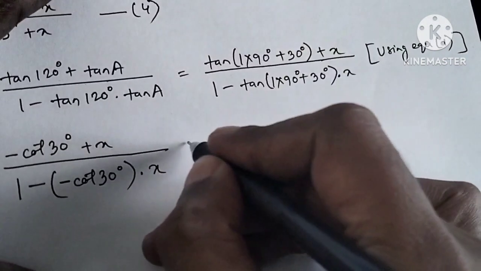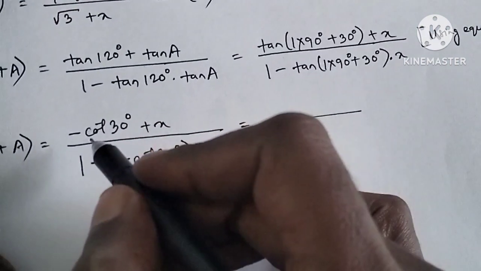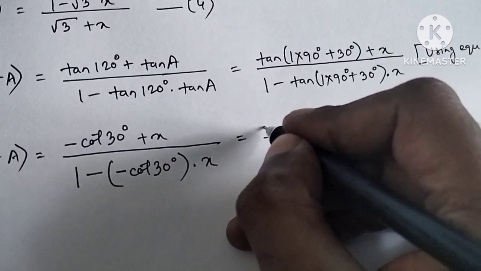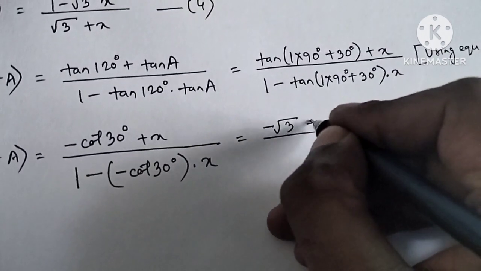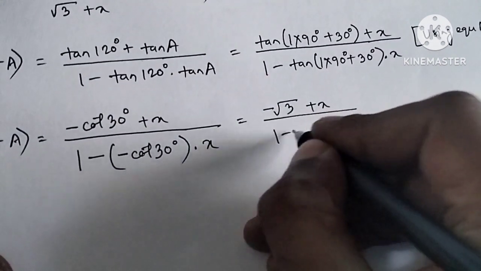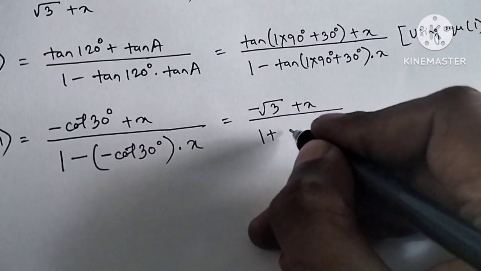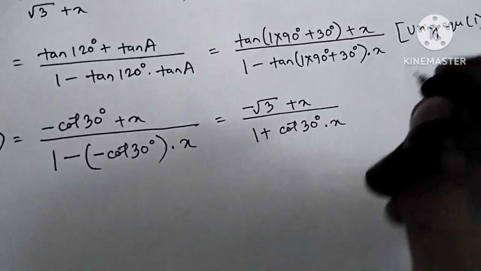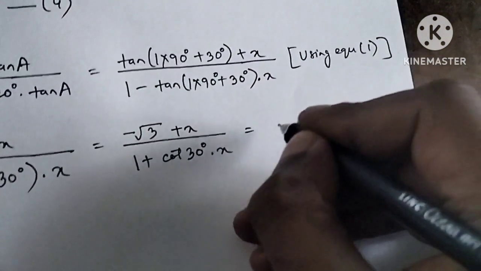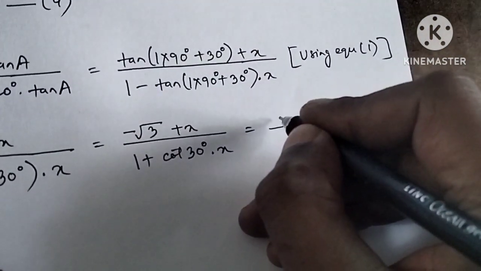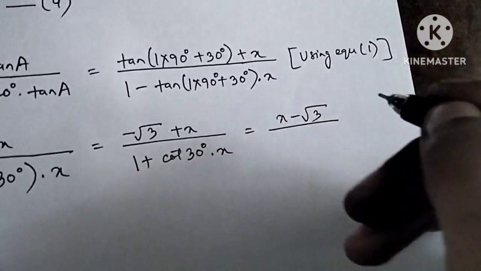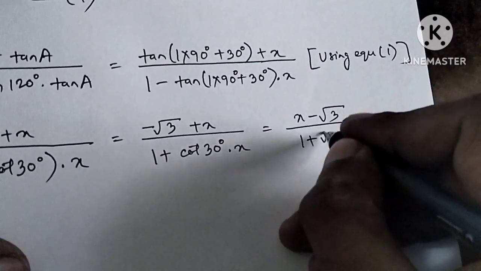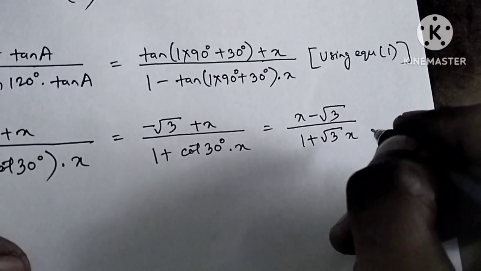What is the value of tan 30 degree? 1 by root 3, so cot 30 degree will be root 3. That means minus root 3 plus x in the numerator, and 1 plus root 3x in the denominator. So it will be (x minus root 3) by (1 plus root 3x).